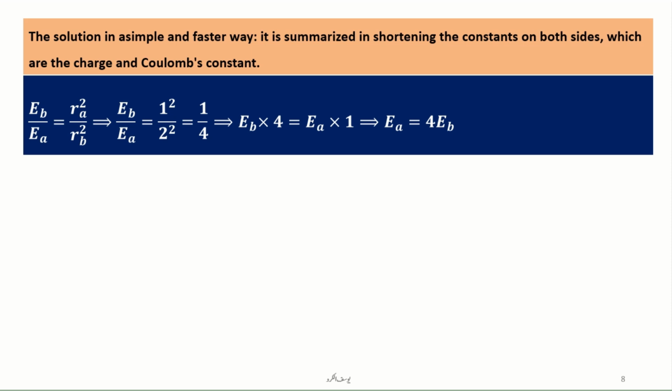That means we delete them on both sides. EB upon EA equals R squared A upon R squared B, leads to EB upon EA equals 1 squared upon 2 squared. That means 1 on 4 equals EB over EA, so EB multiplied by 4 equals EA multiplied by 1. That means EA equals 4 EB. This is the faster way.